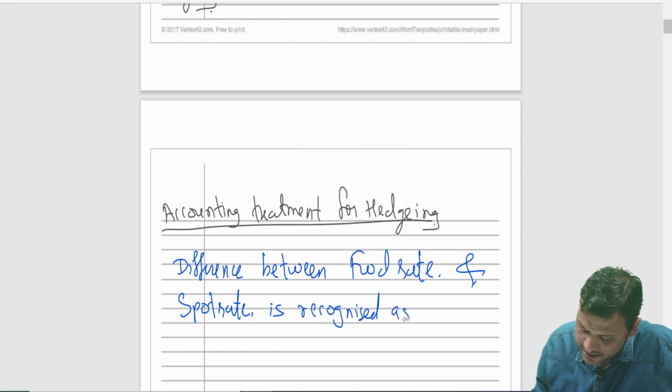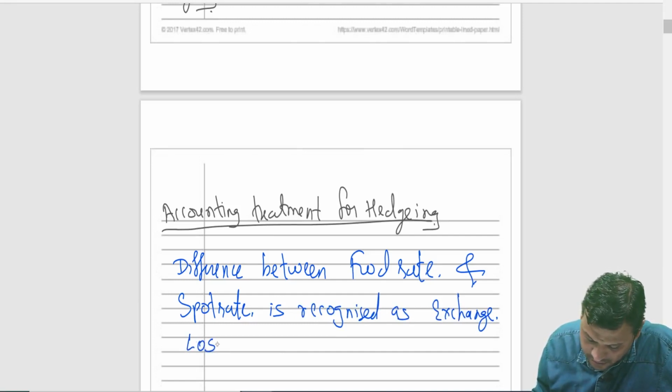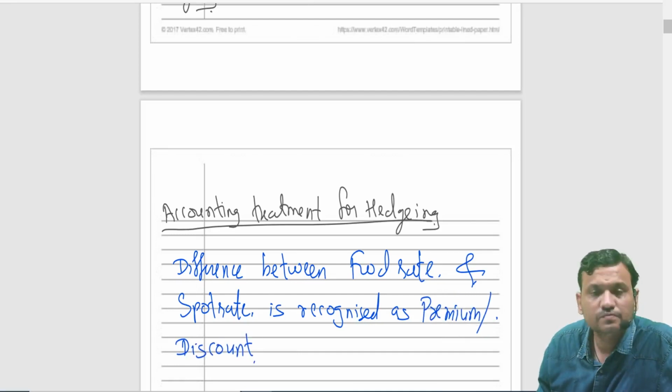is recognized as exchange, or I can say premium or discount. Instead of exchange premium, I'll just say premium or discount on forward.